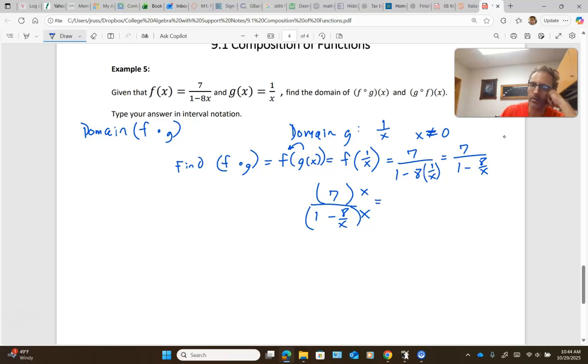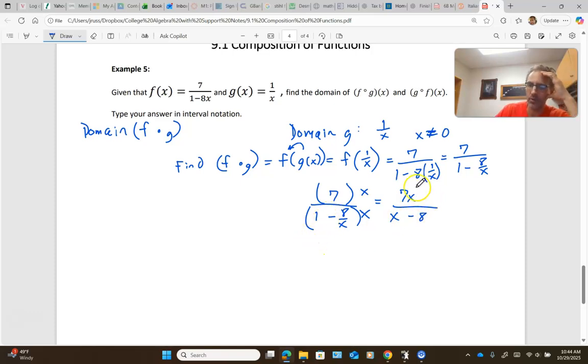Then the numerator will turn into 7x, and then here you're going to have to distribute. So x times 1 is going to be x, but when you multiply x times 8 over x, the x's will divide out, or cancel. And so you're just going to be left with minus 8. That's the whole purpose here, so that you cancel out that denominator.